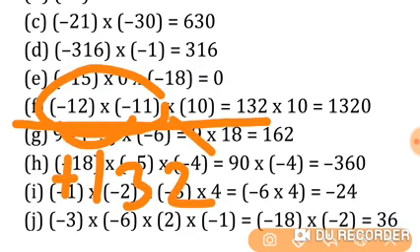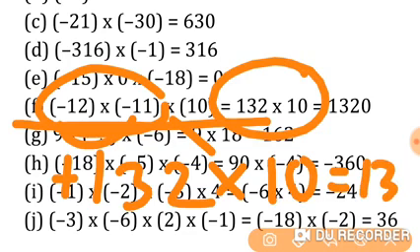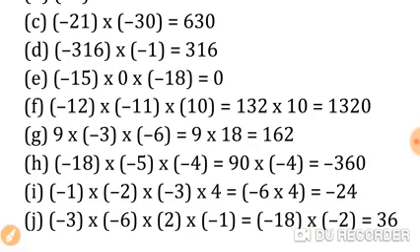So this sign is as it is. Again 10 as it is. See, here we have written 132 into 10 is 1020. This is while we are pairing the first and second integer, then multiplying the third. If you multiply the second and third, what does it become? So once again you can pair these two.